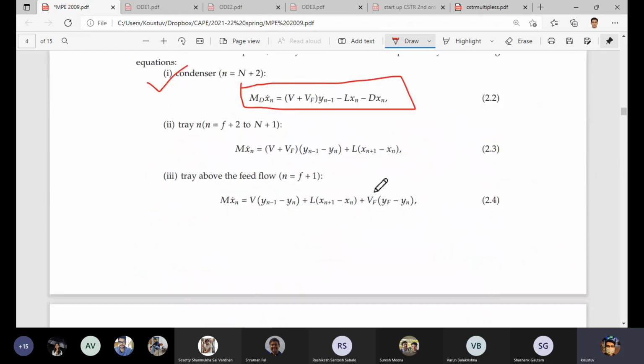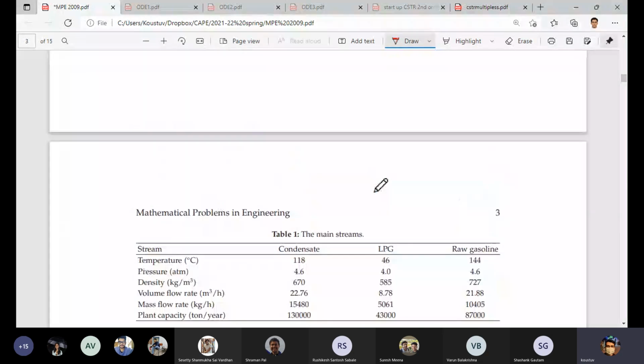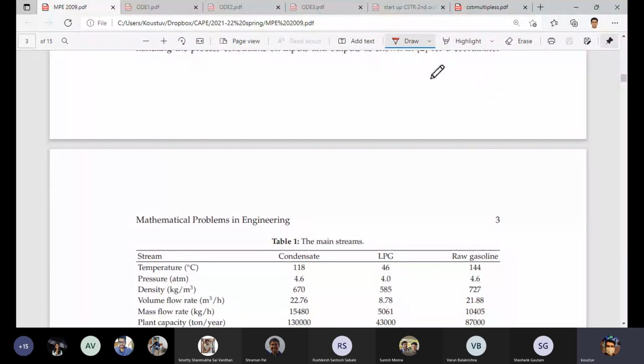Okay, so if there are no questions on this topic, then we move towards something a little bit different but related, and we will take up ordinary differential equation applications.